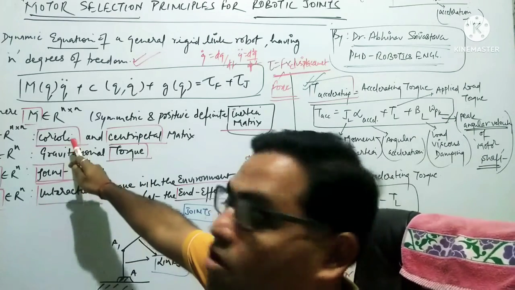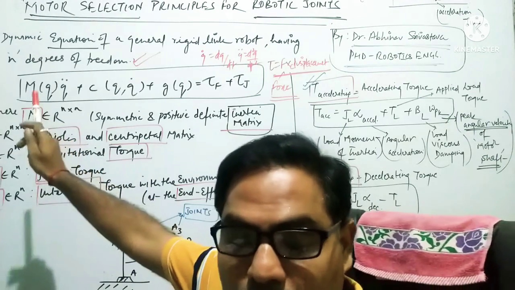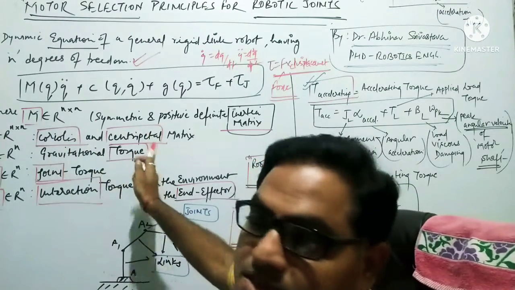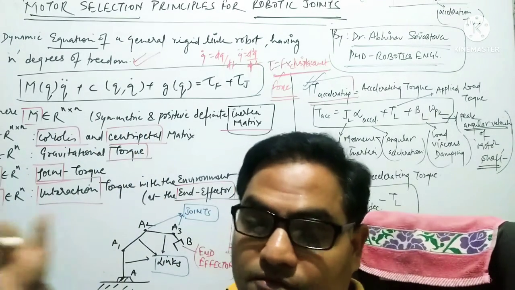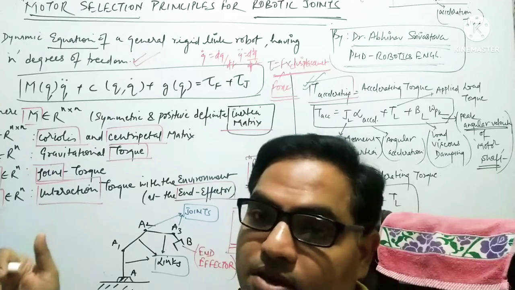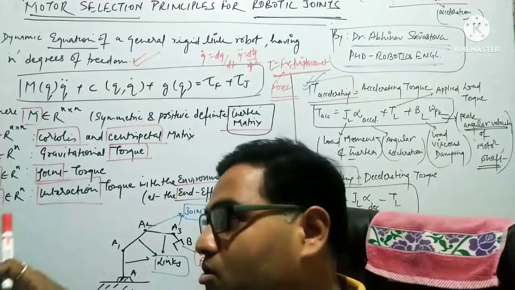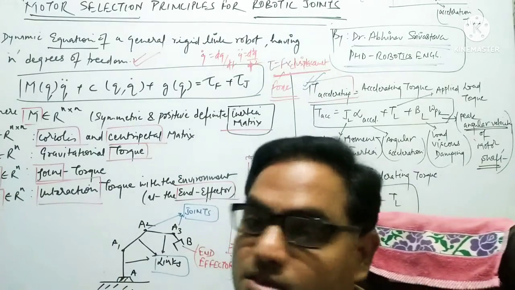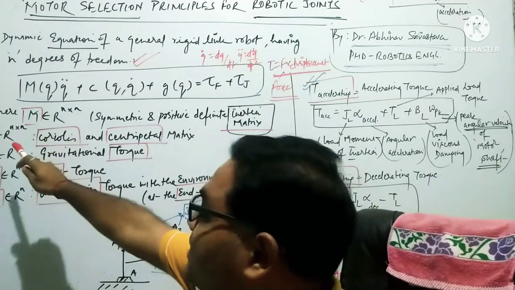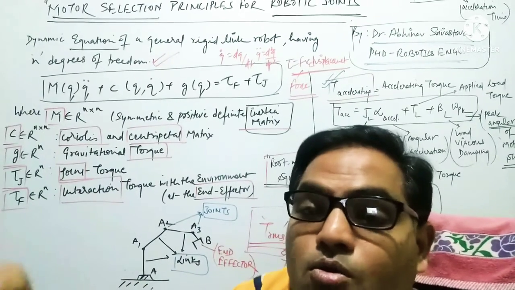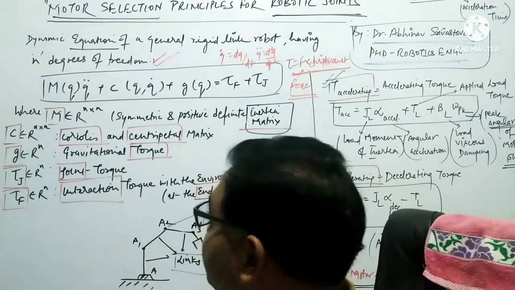That is the difference. Coriolis signifies the quantity with respect to a rotating frame of reference, while centripetal signifies that an external push has been given to make the body revolve around a circular path. That is mentioned in C. The C parameter signifies the Coriolis or centripetal matrix.